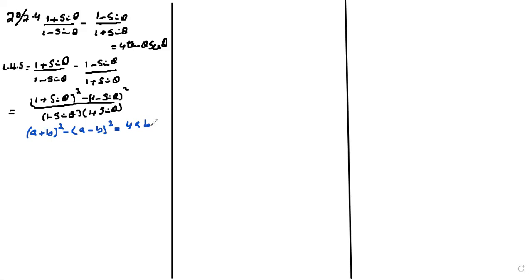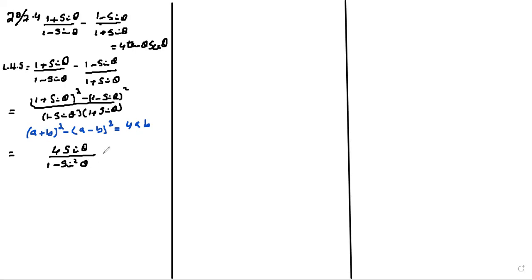So using this formula, we get here that a is equal to 1 and b is equal to sine theta. So we have 4 sine theta divided by 1 minus sine square theta.